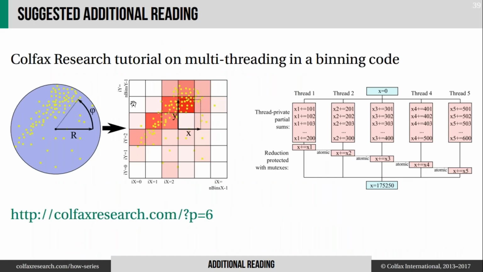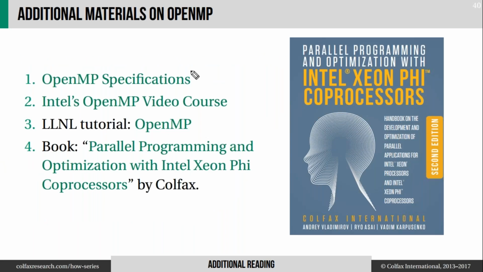And I have also a couple of additional links with reading that you can do. There's a paper on Colfax Research illustrating a parallel reduction in the same physics experiment. Remember, particle tracks in cylindrical particle detectors. And there's resources again.